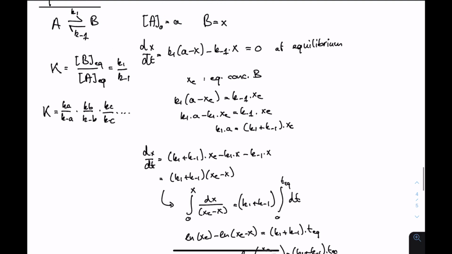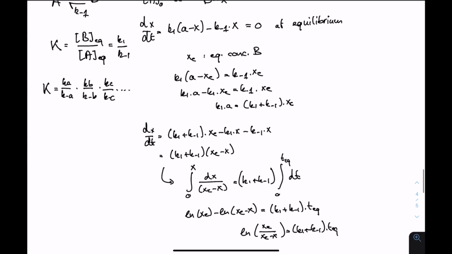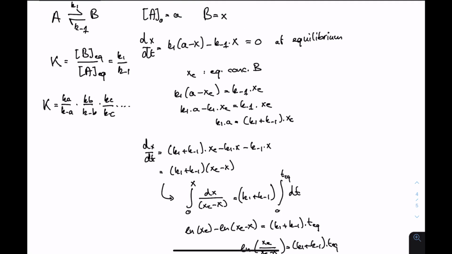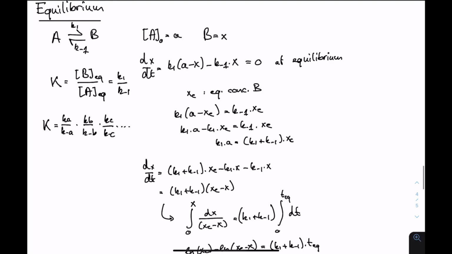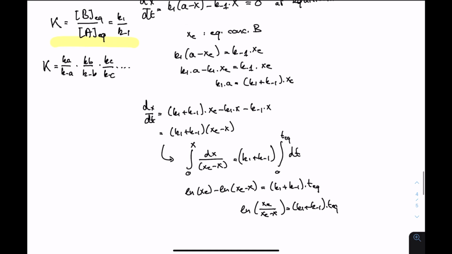Let's say I start with all A and I go to B. There's a certain rate at which the equilibrium is achieved, but also the position of the equilibrium. So the final concentrations of the two species tell you something about the ratio of the rate constants, right? So that is this result and this result.